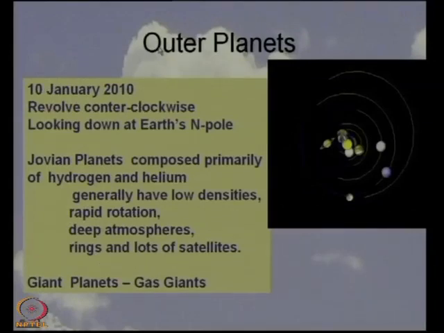This is a picture of the remaining planets, the outer planets. Again this picture is as of 10th January 2010, and they all rotate counterclockwise in the same orientation; the blue and green have the same interpretation.